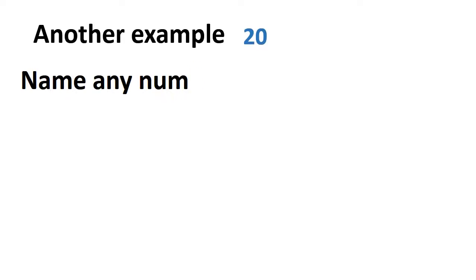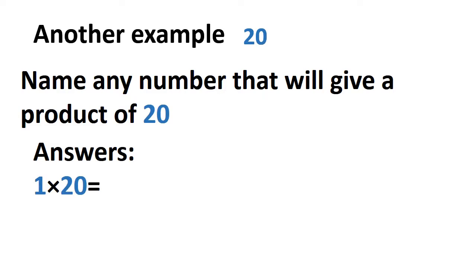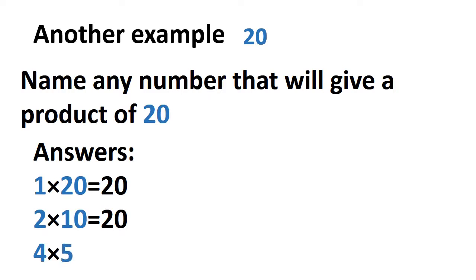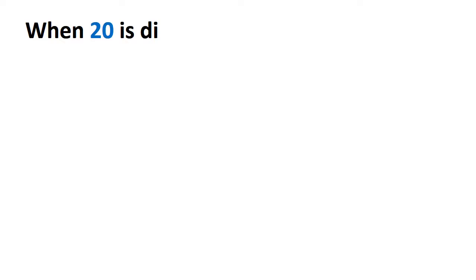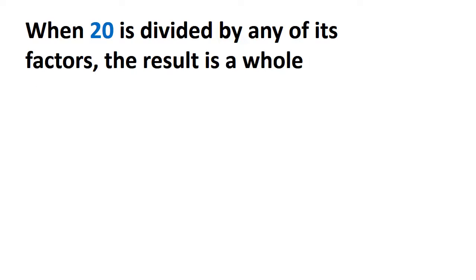Another example, 20. Name any number that will give a product of 20. Answer: 1 times 20 equals 20. 2 times 10 equals 20. 4 times 5 equals 20. When 20 is divided by any of its factors, the result is a whole number.